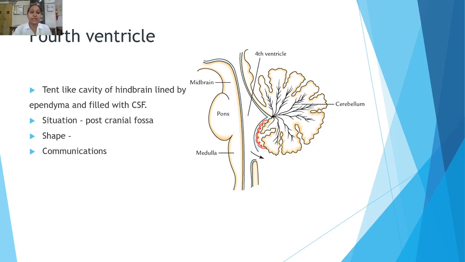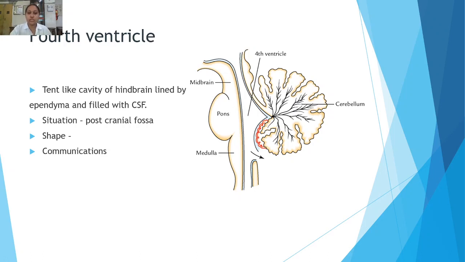The fourth ventricle is a tent-like cavity of the hindbrain lined by ependyma and filled with CSF. Any tent has a floor, roof, lateral boundaries, and a cavity.